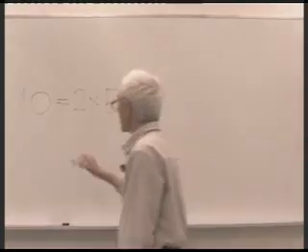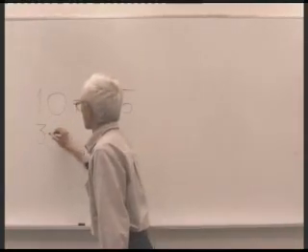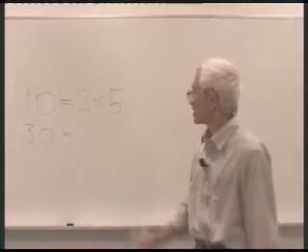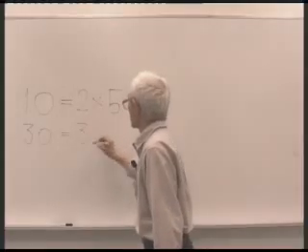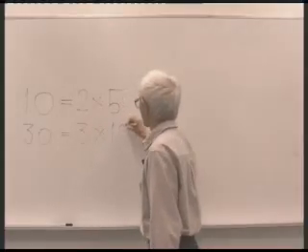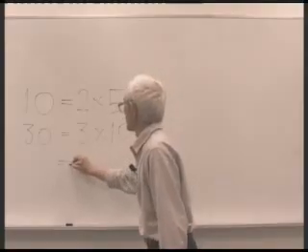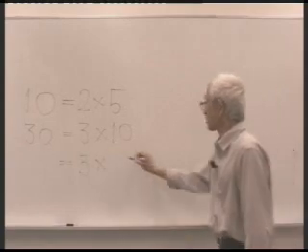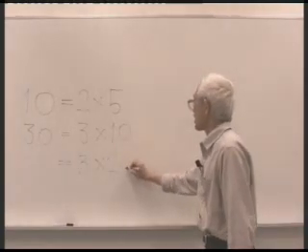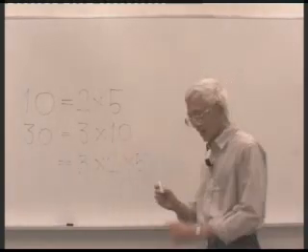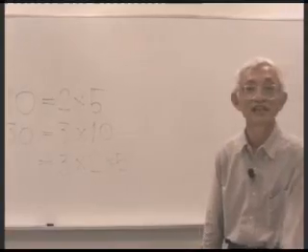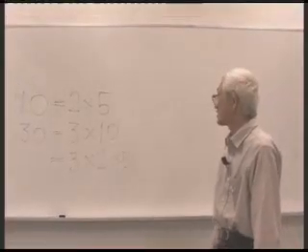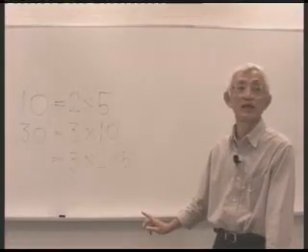So let me write another number, say 30. Then you find that 30 is equal to 3 times 10, and 10 is equal to 2 times 5. Then again, you can see that there is a factor 2 in the number 30. So 30 is also divisible by 2.